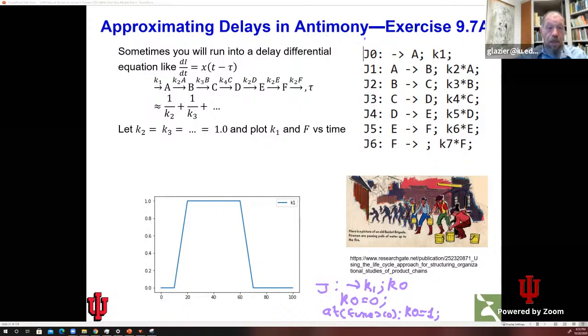But this will give you enough that if you see a delay in a set of ODEs you want to replicate from a paper, you should be able to at least get the basics down, and then you can look up the details. In this class, I don't think I'm going to have time to go into all of the subtleties of implementing delay equations. But this is a quick and dirty way to get an approximate delay equation to work.